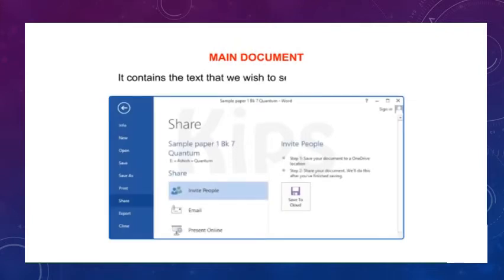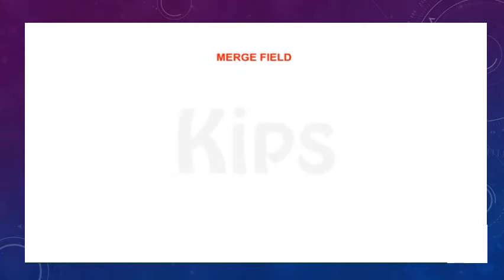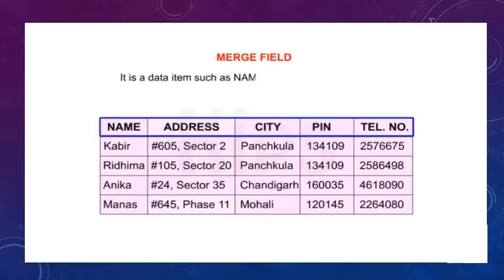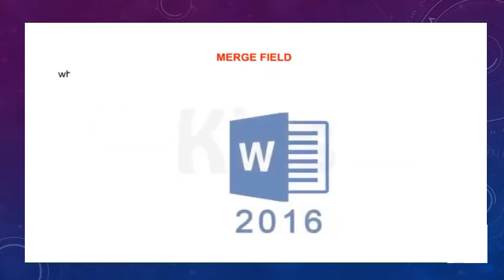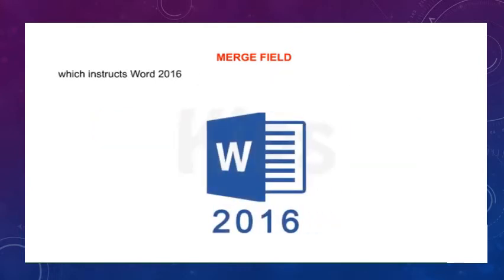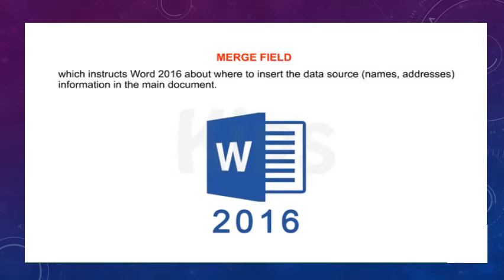The main document contains the text that we wish to send to all the recipients. A merge field is a data item such as name, address, city, PIN, etc., which instructs Word 2016 about where to insert the data source names and addresses in the main document.